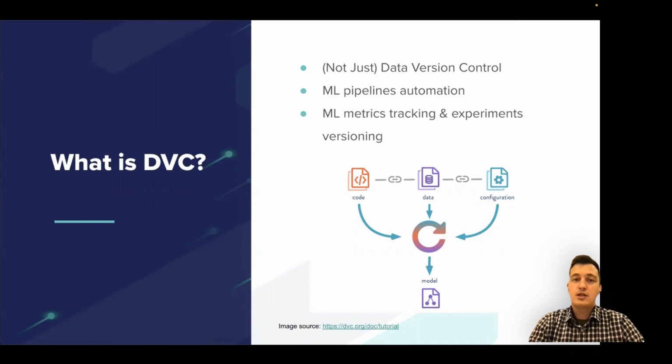With machine learning pipeline automation, DVC connects this versioning part and extends it to metrics tracking and experiment versioning. It works on top of Git and provides a link between the versions of different artifacts in machine learning projects and your code. All the versioning is actually done by Git and stored in your Git repository.